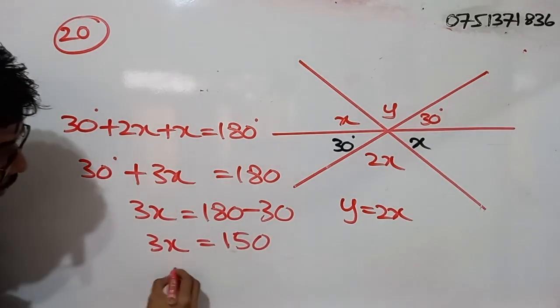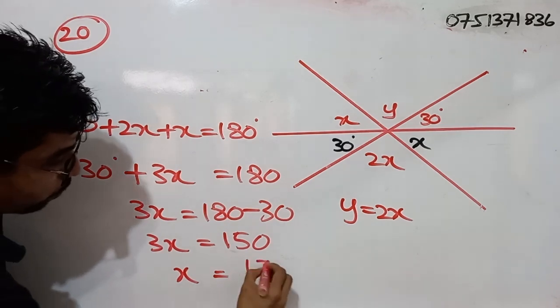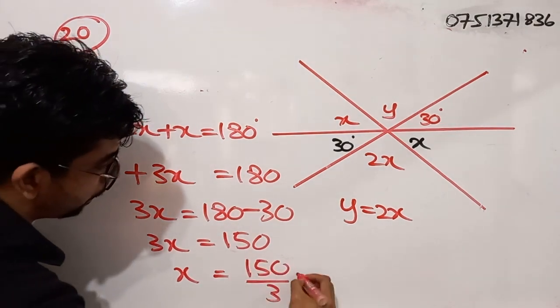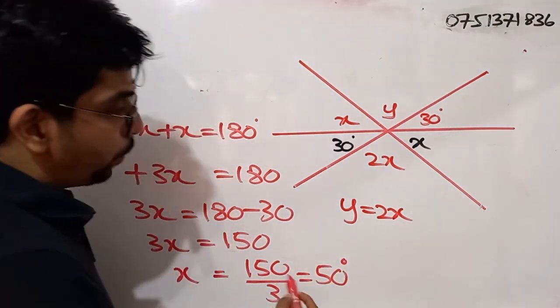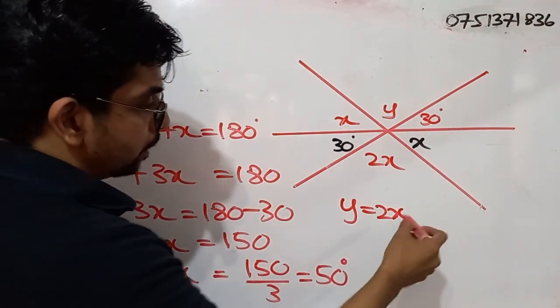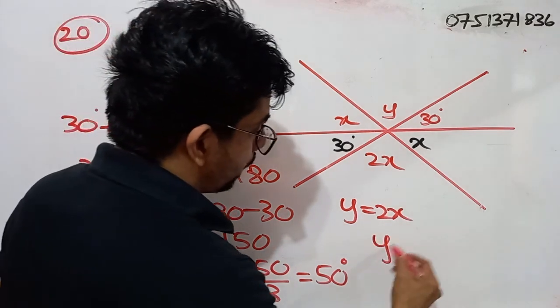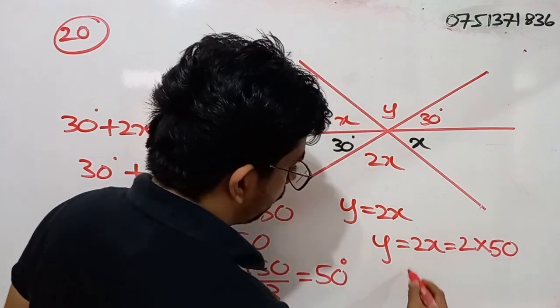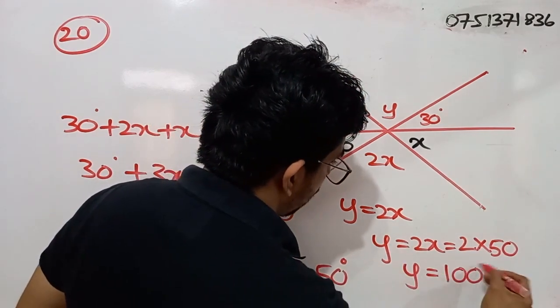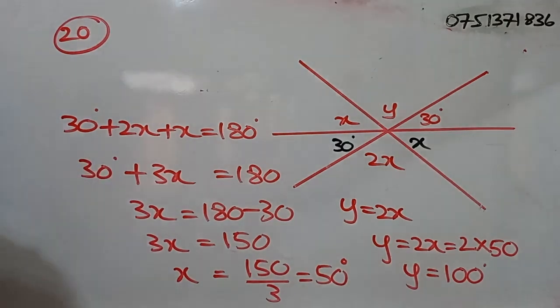So here we can find the value of x, which is what? 150 divided by 3. That means 50 degrees. Right. So now we can substitute the value of x to here. So y is equal to 2x. That means what? 2 into 50. That means y is equal to 100 degrees. So that is the answer.